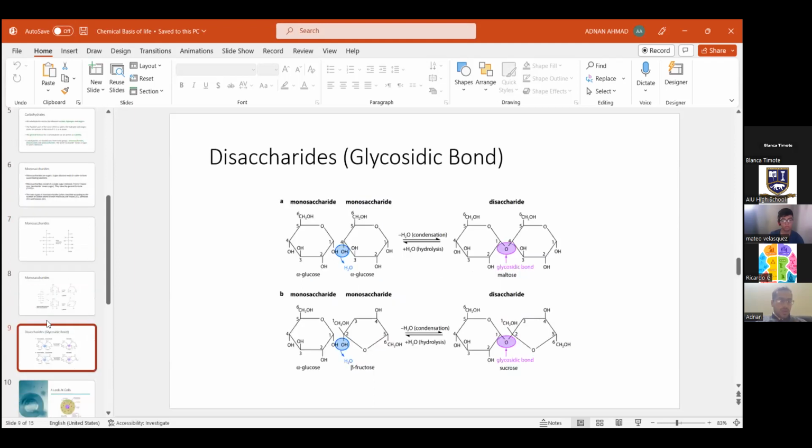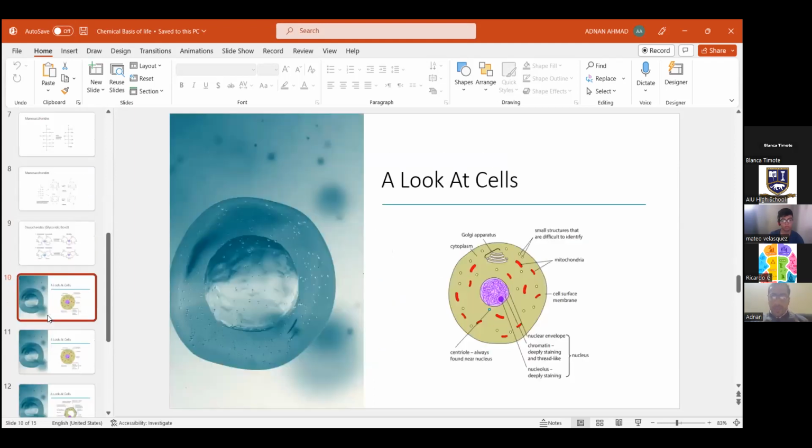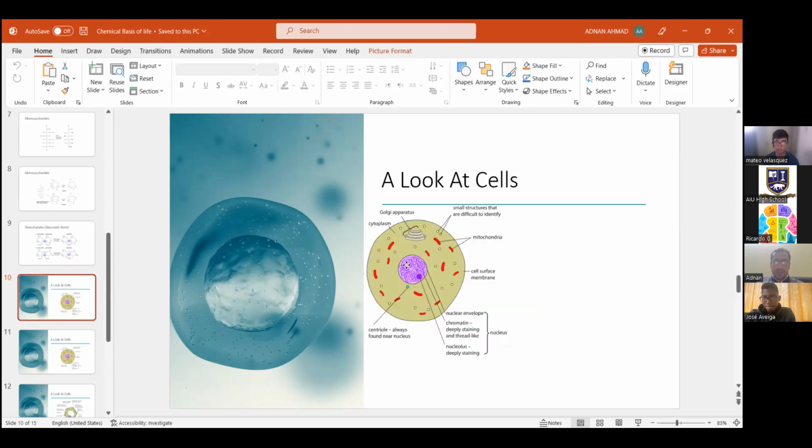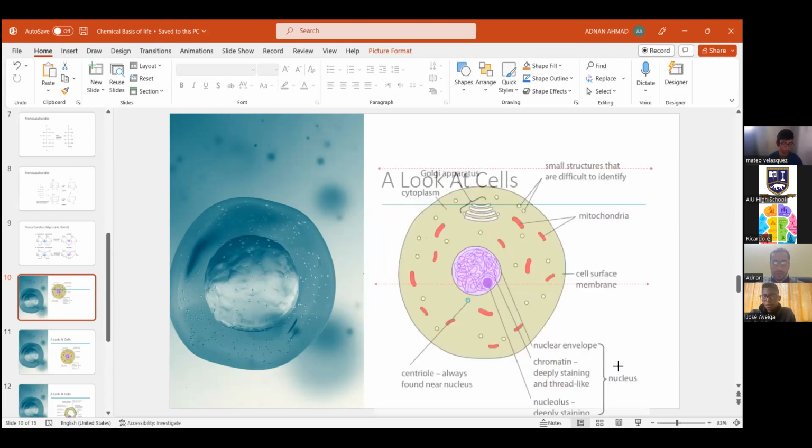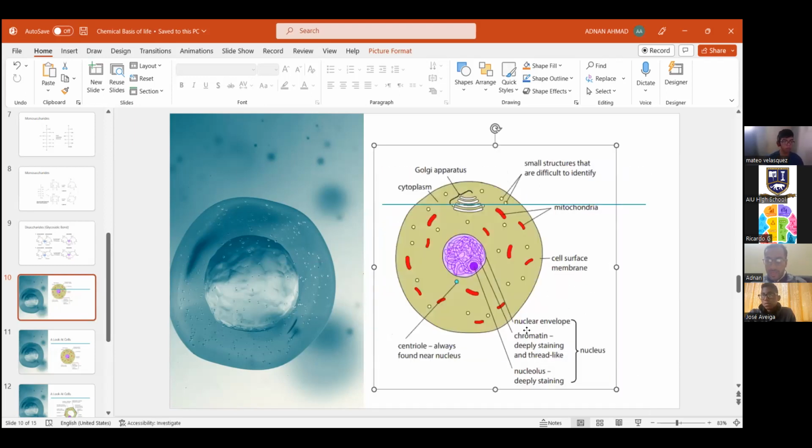Okay, so I was showing you guys a picture here. Can anyone tell me what type of cell this is? Is it a plant cell or an animal cell? Okay, excellent.